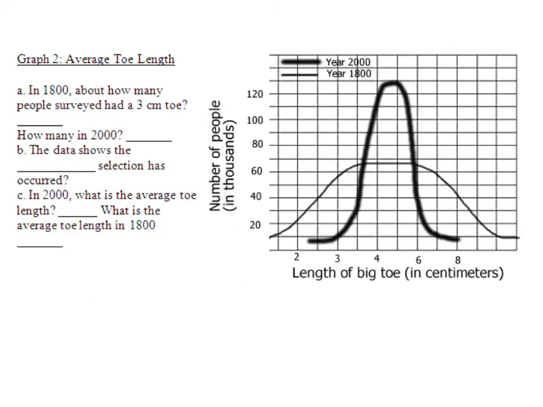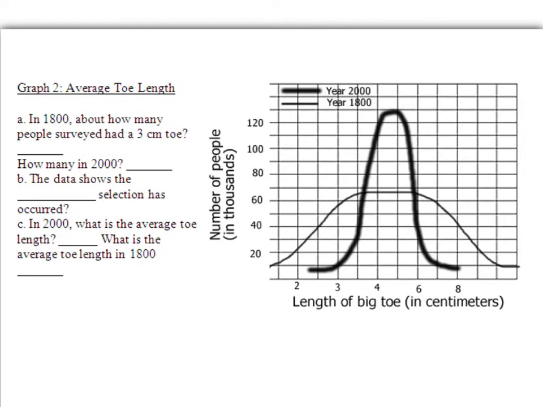Alright, so graph 2 is another type of line graph. And this type of graph we actually call a bell-shaped curve. And that's because it sort of looks like a bell. You see, we actually are graphing 2 pieces of data here.